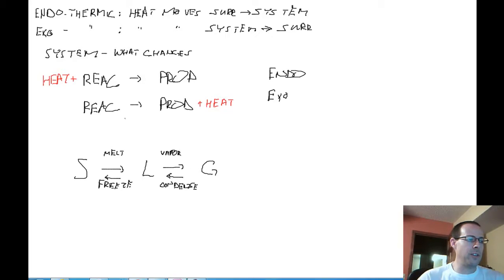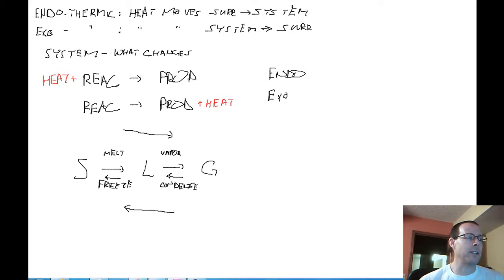And if you have these in your notes this way, as we go left to right, or right to left, we either have an exothermic or endothermic reaction. So in my mind, it's easiest to think of if we melt something or vaporize something, it requires heat to do that. So if it requires heat, I am going to say that it is endothermic.